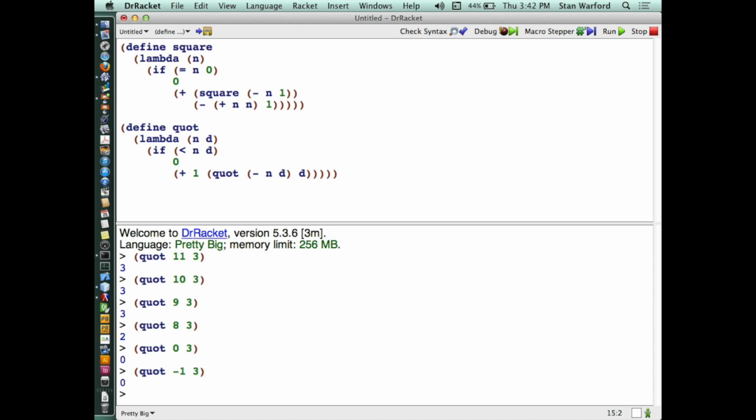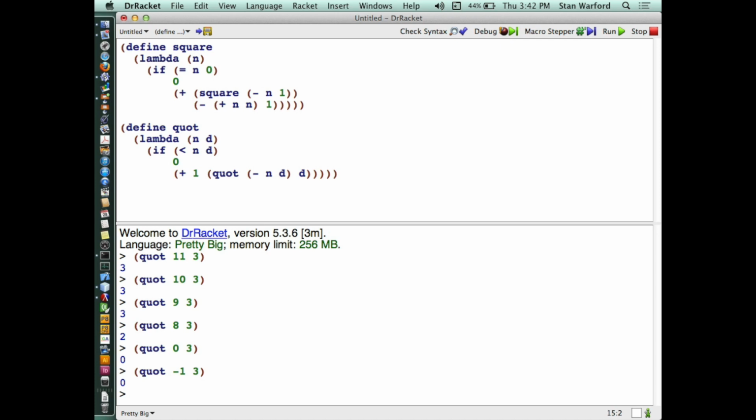Wait a minute. That doesn't look right. The problem is if n and d are both negative, it should be positive.